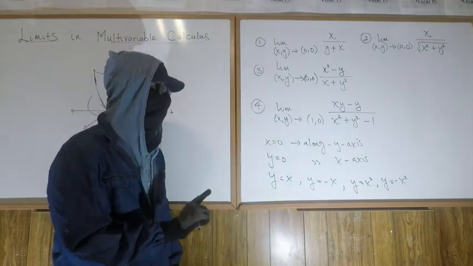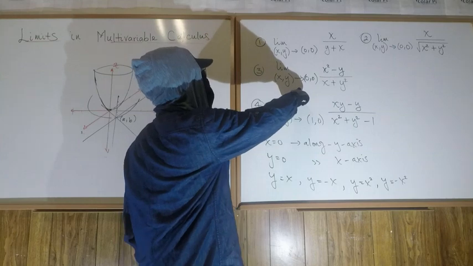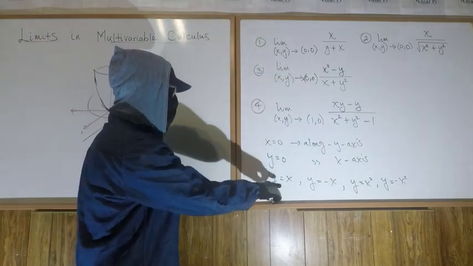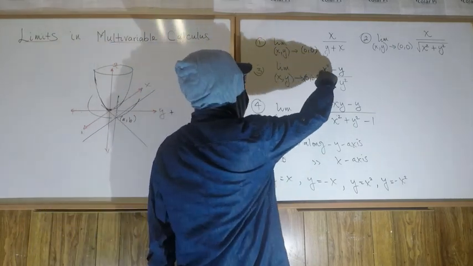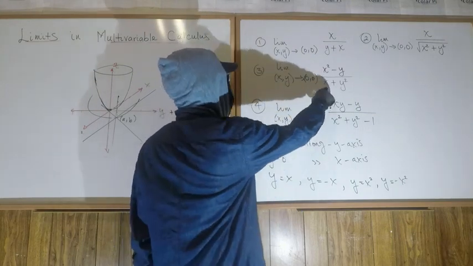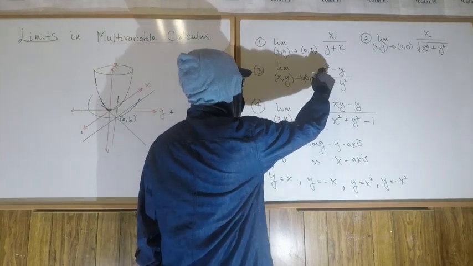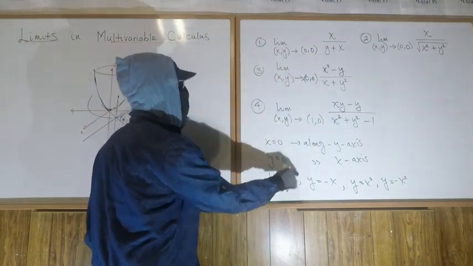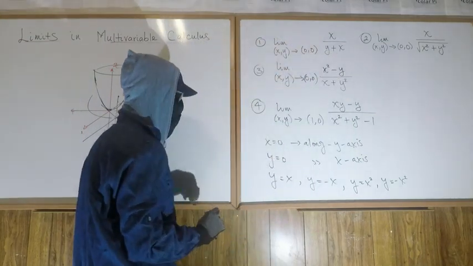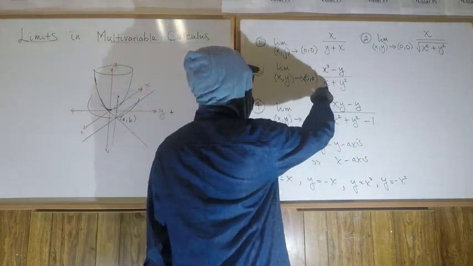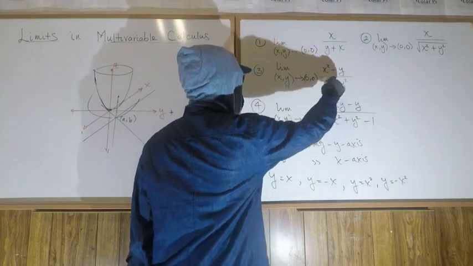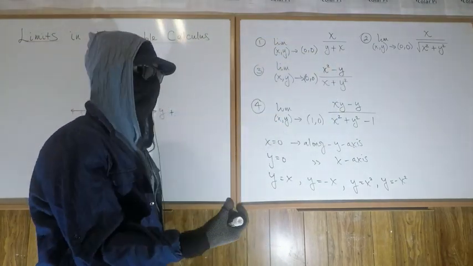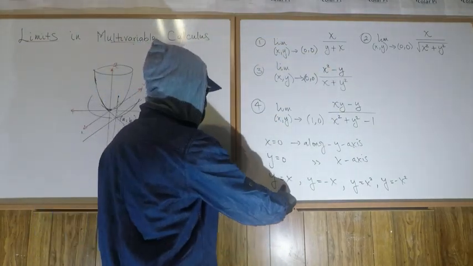For example, if we pay attention to this one, if we approach it along y equals x, you've got x squared minus x in the numerator, because y is equal to x. But in the denominator, you've got x plus x squared. So the numerator and the denominator are different. That's along y equals x.